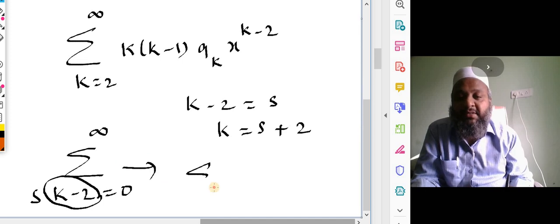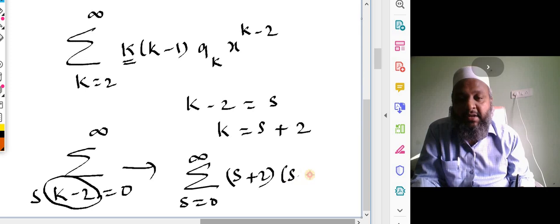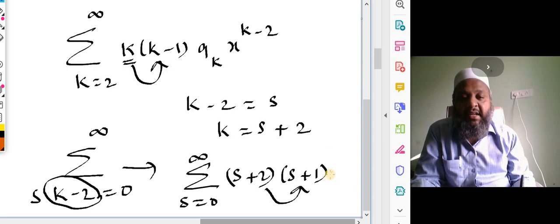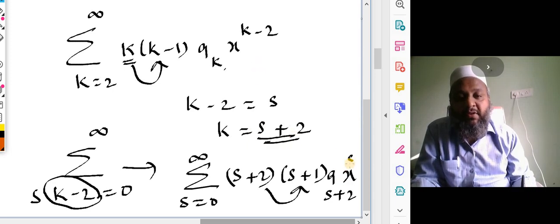So this becomes sigma s equal to 0 to infinity. This k is now going to become s plus 2. So it is s plus 2 into s plus 1, because it is 1 less. It is k into k minus 1, and it is a s plus 2 because k is s plus 2, and x to the power of s. I hope you understood this one.